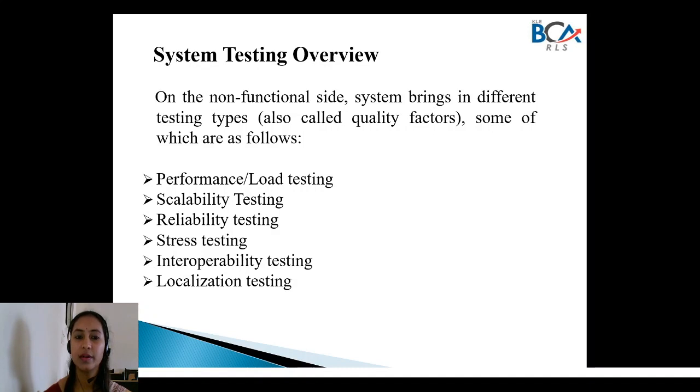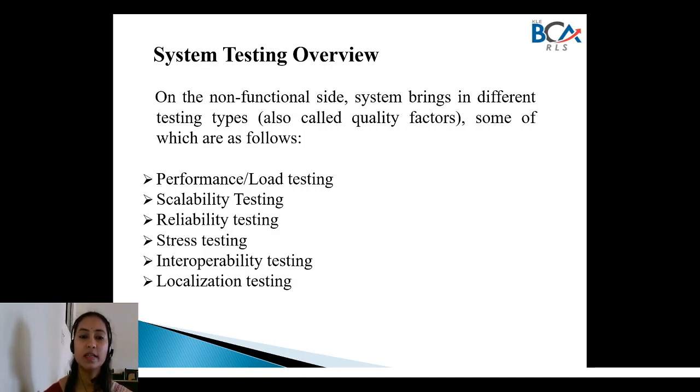Okay, so reliability testing is to evaluate the ability of the system or an independent component of the system to perform its required functions repeatedly for a specified period of time. So you take an independent component, perform a test on it and check whether it works or not. Okay, so this is reliability testing.